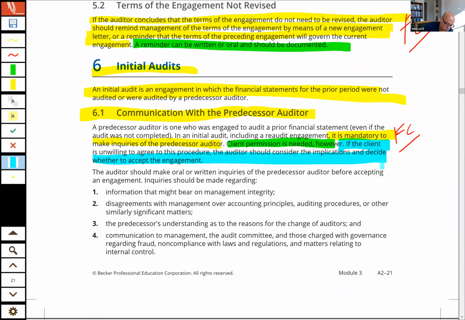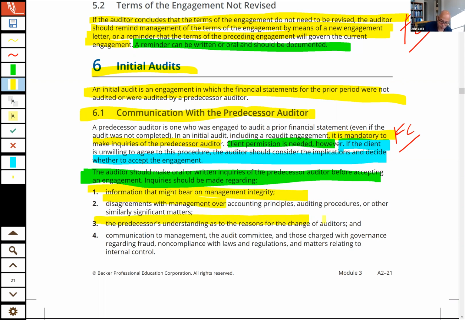Okay. Now, what are the required communications? These need to be made when you are going to accept the client. And notice that all of them really come down to, hey, do we have a management that lacks integrity?